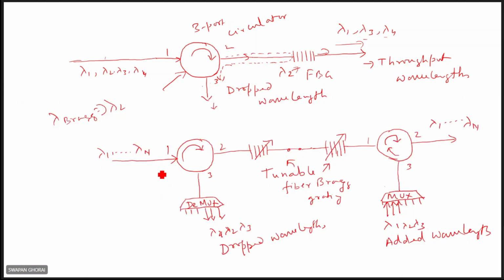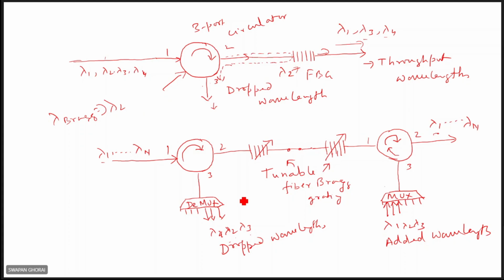So here you see it. Suppose n lambdas are there, and you see circulators, and there are three gratings where lambda 2, lambda 3, lambda 4 are dropped. Here lambda 1 is here.